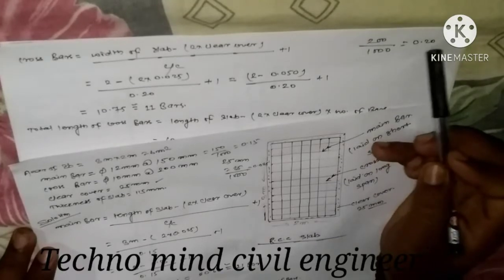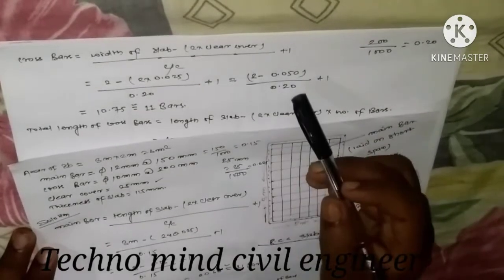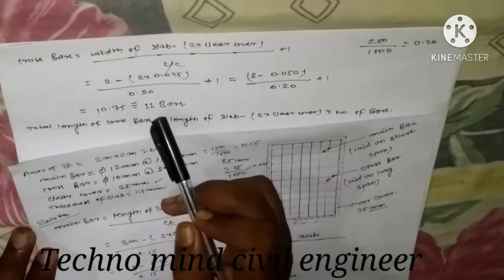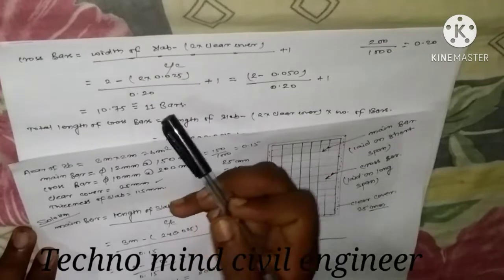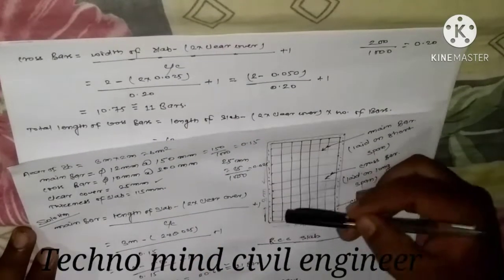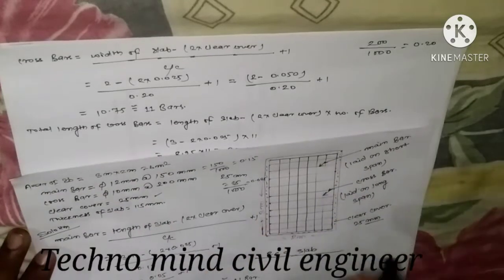Then plus 1, this comes to 10.75, which is 11 bars.